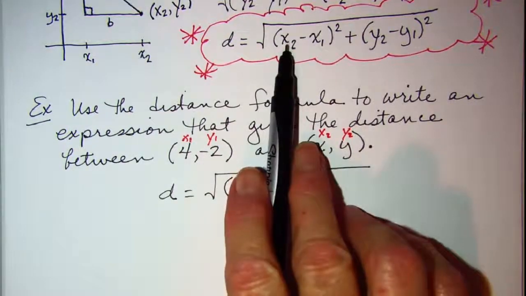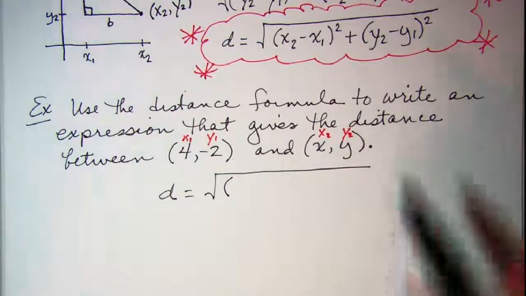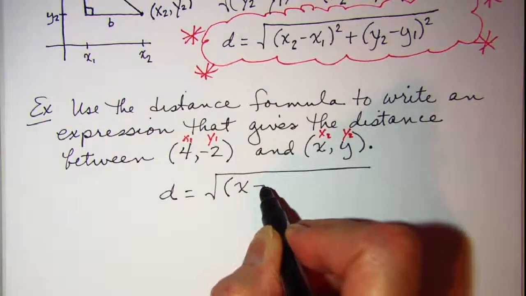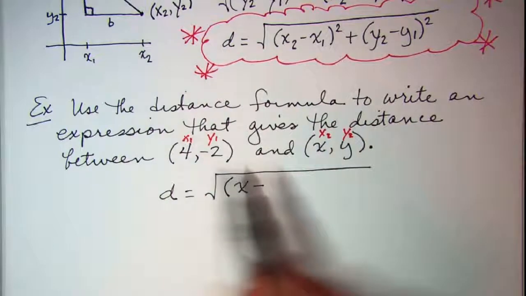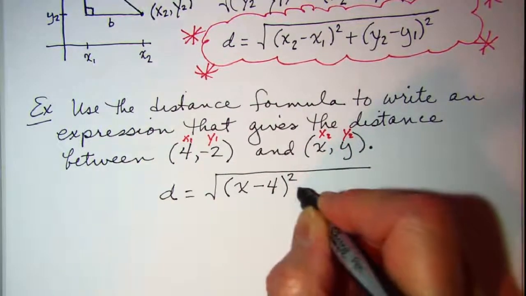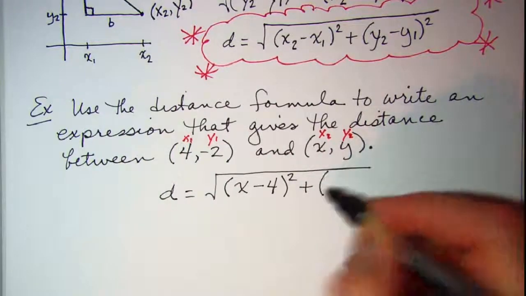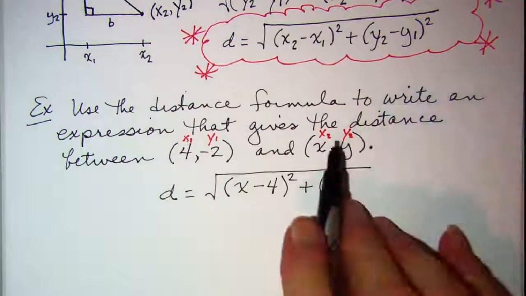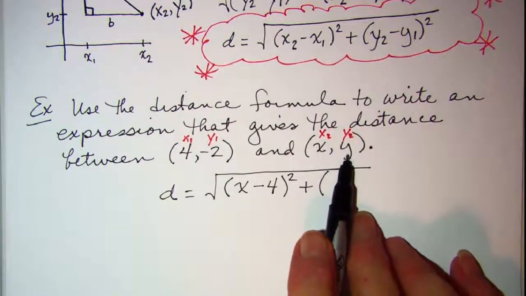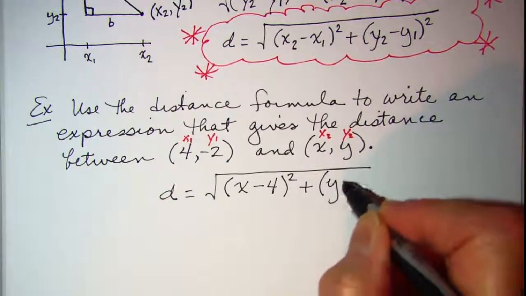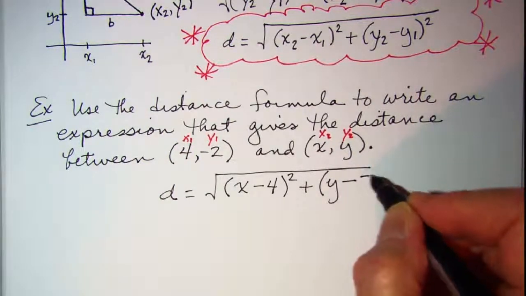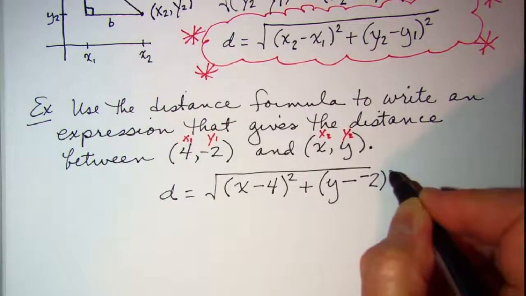So I need to grab my x2, which is x, subtract my x1, which is 4, and then quantity squared, plus open parentheses, my y2, which is y, subtract my y1, which is -2, quantity squared.